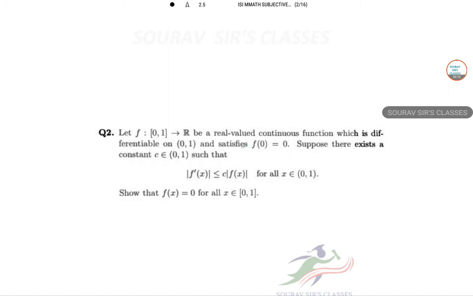They've given f from [0, 1] to the reals, a real valued continuous function which is differentiable on (0, 1) and satisfies this condition. And suppose there exists a constant c in this range. Show that f(x) equals 0 for all x.